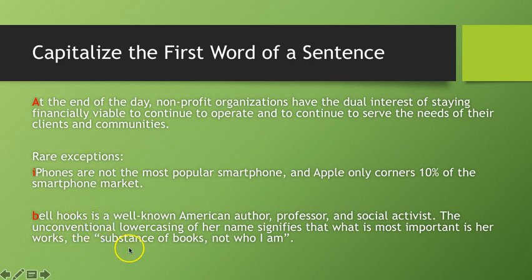So bell hooks is a well-known American author, professor, and social activist. The unconventional lowercasing of her name signifies that what is most important to her is her works, the substance of her books, not who she is. So she is going against the conventional capitalization rules.